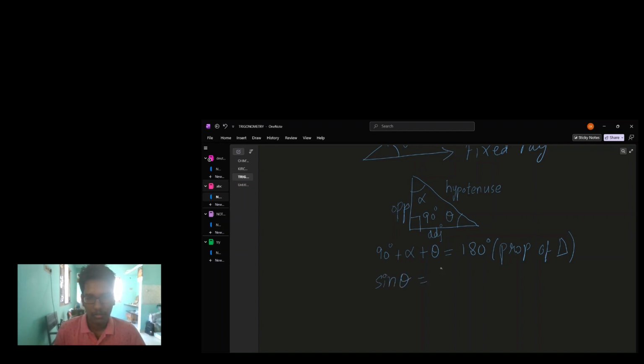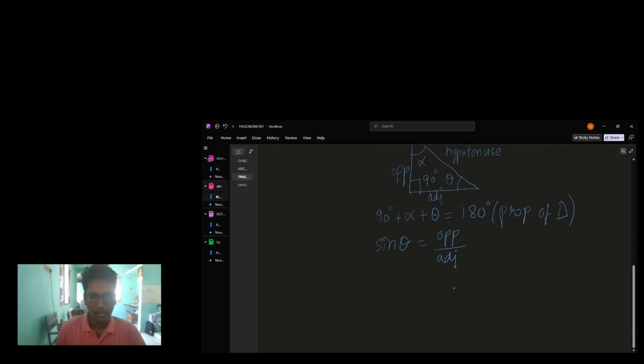So sin theta is equal to opposite by hypotenuse, and cos theta is equal to adjacent by hypotenuse.